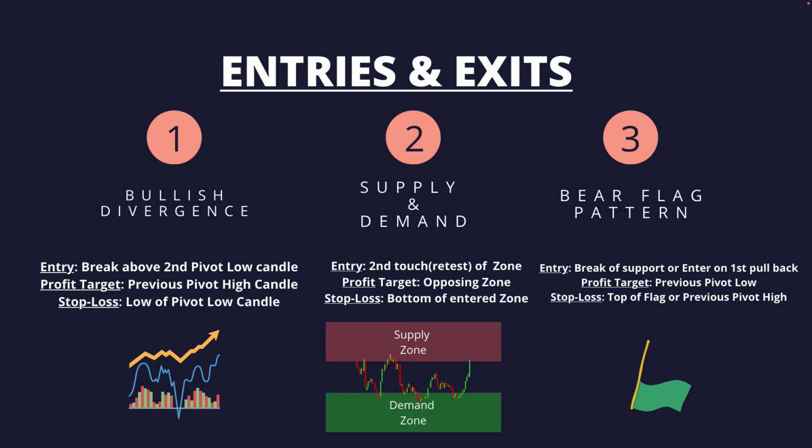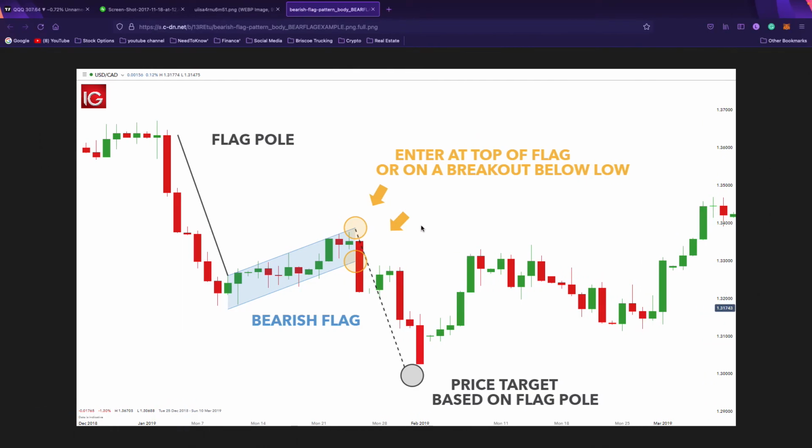So I will wait for the first pullback, enter, and then ride the wave all the way down. And normally the movement after the first pullback is the biggest one. The profit target is the previous pivot low, and the stop loss is the top of the flag or the previous pivot high.